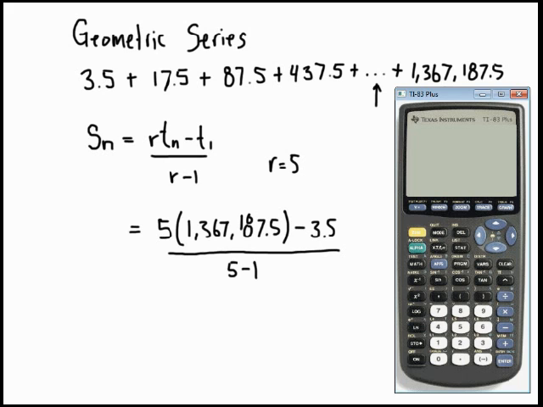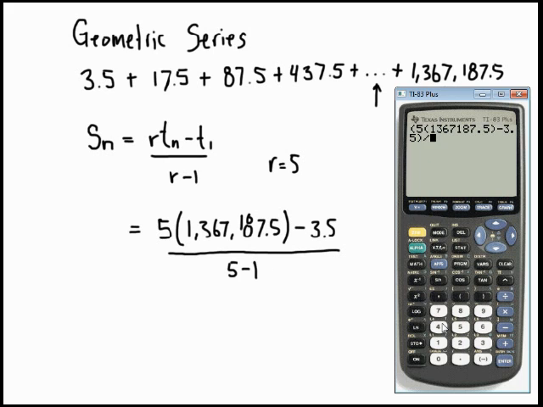And I'm going to bring out the calculator again, because we've got some big numbers here. 5 times 1,367,187.5. It's hard enough just to say that number. Minus 3.5, and this whole thing is divided by 4. That's why I've got brackets at the beginning and end.